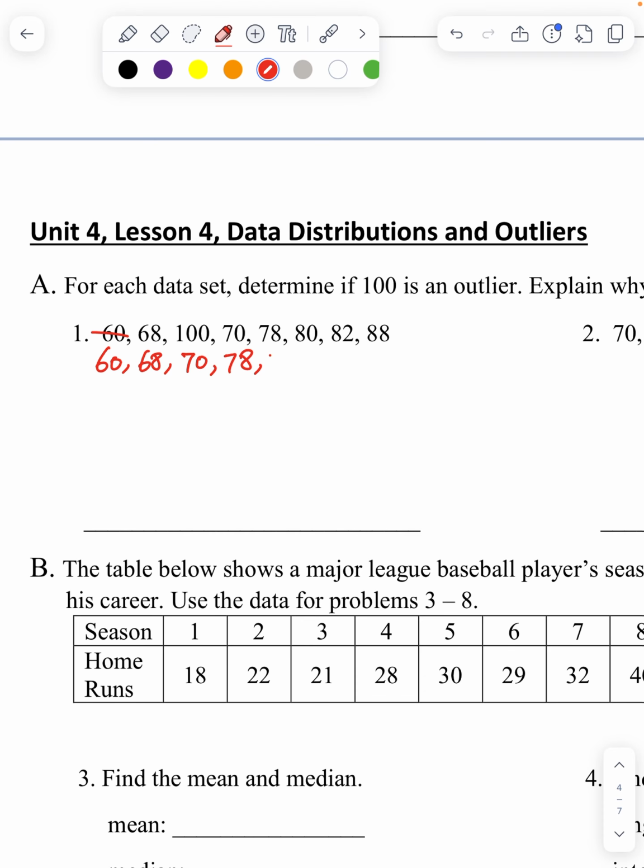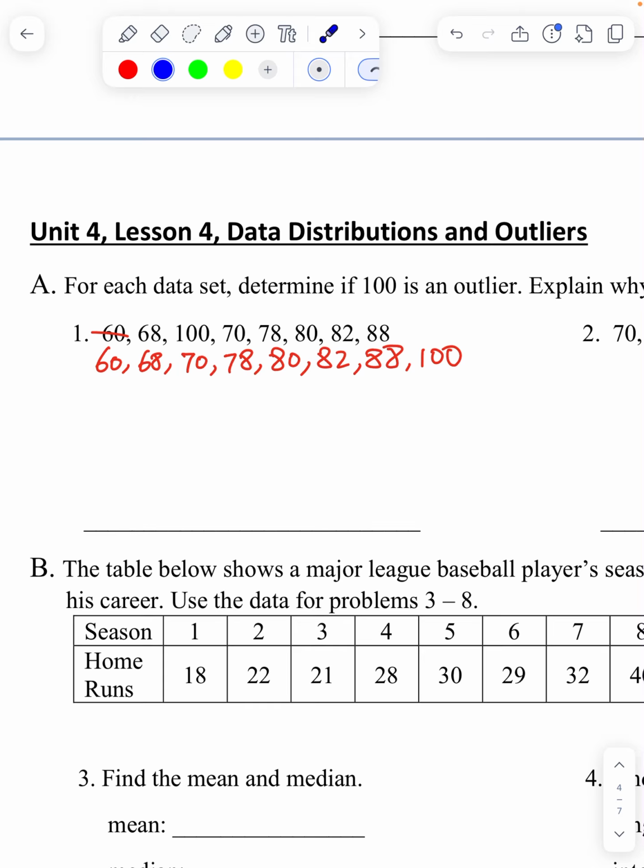And then 80, 82. Oops. 82, 88, and then 100. I believe that's it. So 1, 2, 3, 4, 5, 6, 7, 8. 8 numbers. Okay, so I didn't miss anybody.